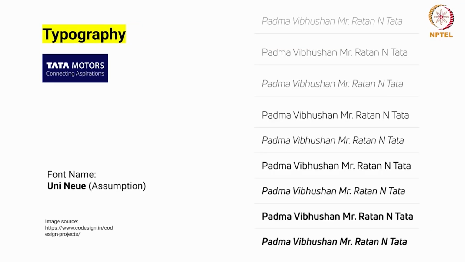Now we come to typography, which plays an important role, as we discussed in the previous segment. My assumption is that the typeface name is IGNOU, and it has a strong correlation with the brand. You can see it has a large font family.